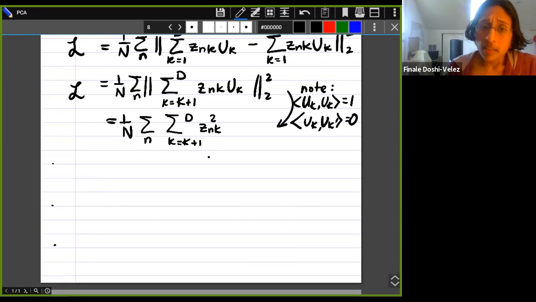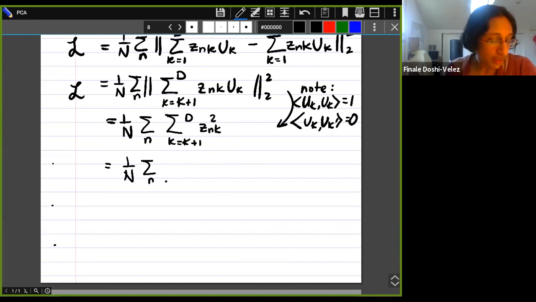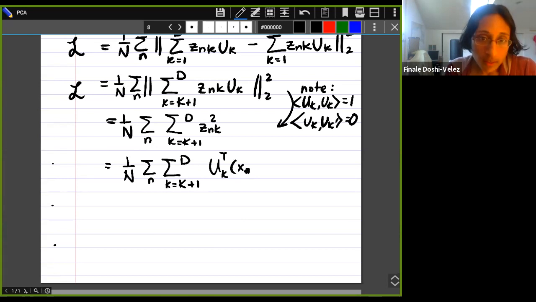So we have this expression, and then the next thing we're going to do, continuing with our nice linear algebra properties, the theme of today is linear algebra, if people have not noticed, is to go back and substitute in what Z and K are in terms of U and X. So what we're going to get here is the sum, little k from big K plus 1 out to d, of u little k transpose, xn minus x bar, where xn is a vector and x bar is a vector.